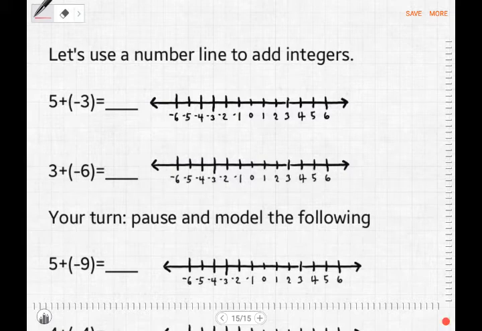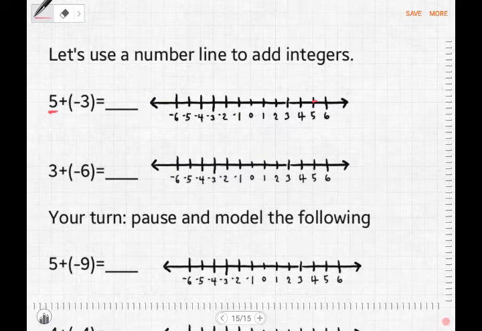I could count from 0 to +5, but this is our starting number. So we're just going to find 5 on the number line. Here's the number 5. Now, when I add a negative number, I need to move that amount of spaces to the left from my starting point.